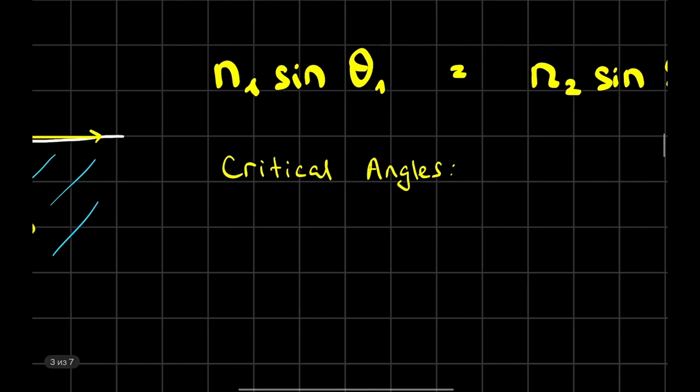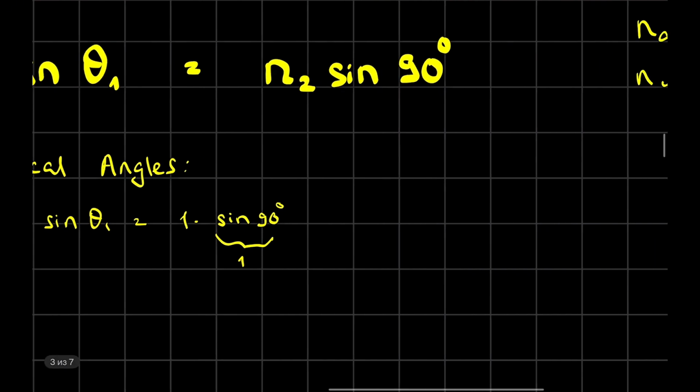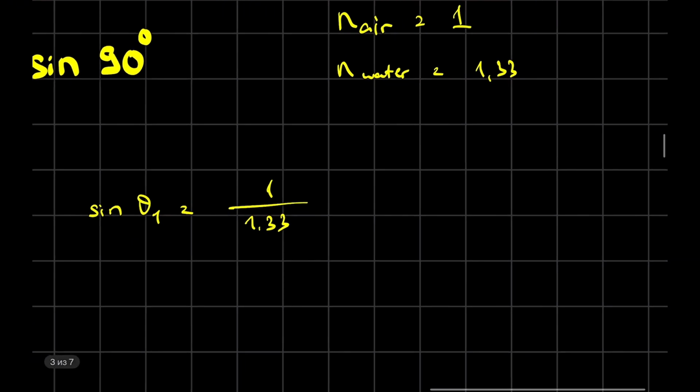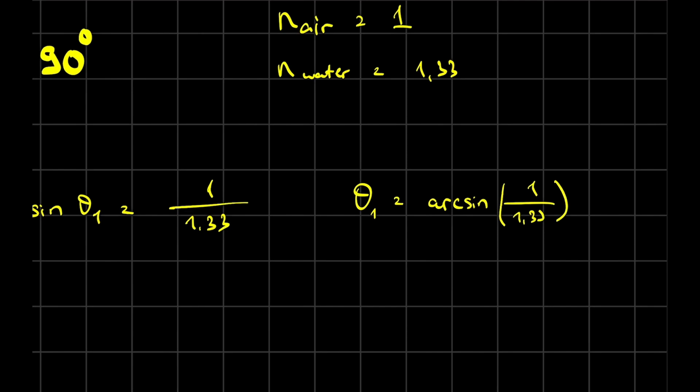It was in water, so it has to be 1.33 multiplied by sine theta 1 equals, it tries to go to the air, that's why it's 1 times sine 90 degrees, which comes to be 1, and sine theta 1 is 1 divided by 1.33. If you use arcsine, the angle has got to be something about 48.75 degrees.